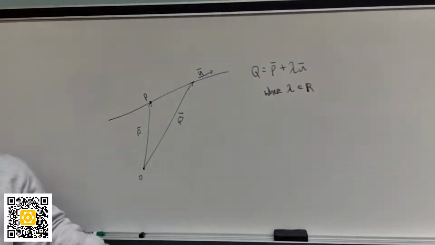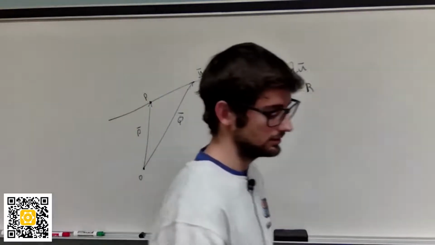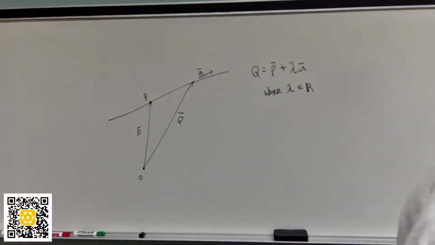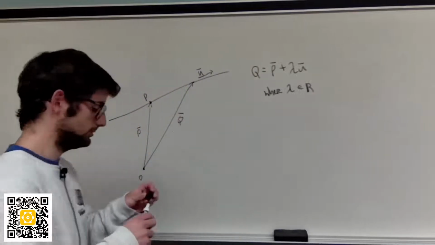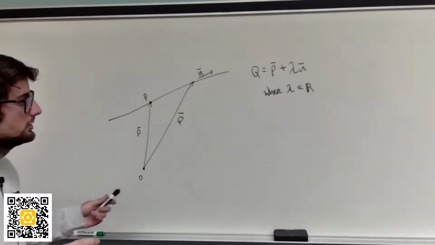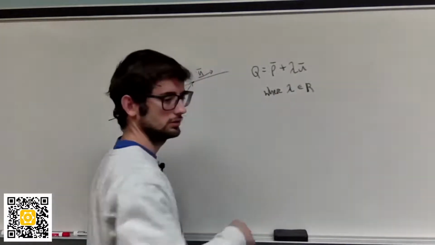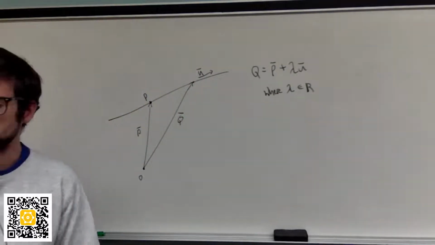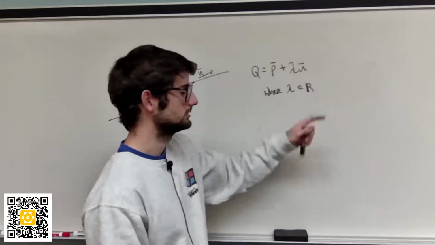Does this make sense to everyone? I think someone told me that they got a little bit stuck from this part on. What's lambda again? Lambda is just any real number. Yeah, it's a scalar.